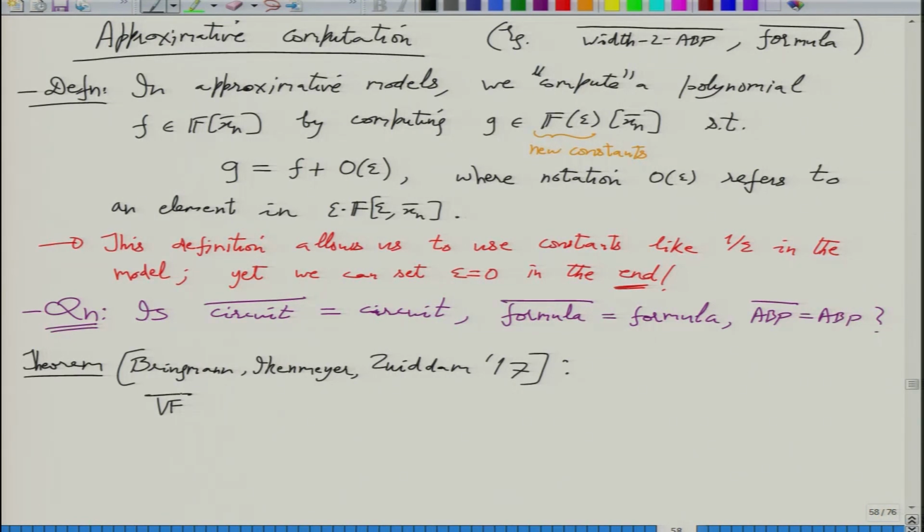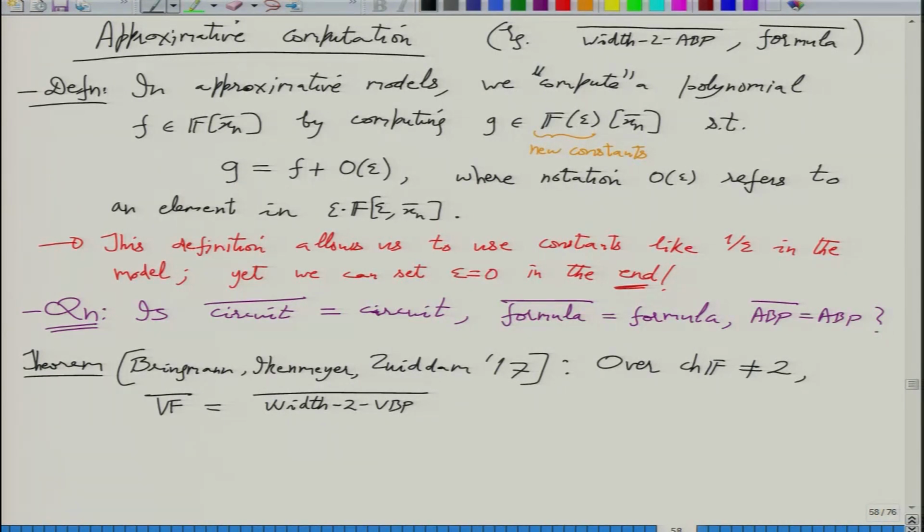So approximative formulas can be written with 2 ABPs. Any polynomial for which you have an approximative formula, you also have an approximative 2 ABP, with one mild assumption: you want the characteristic of the field to be not 2. So characteristic odd or 0 is fine.